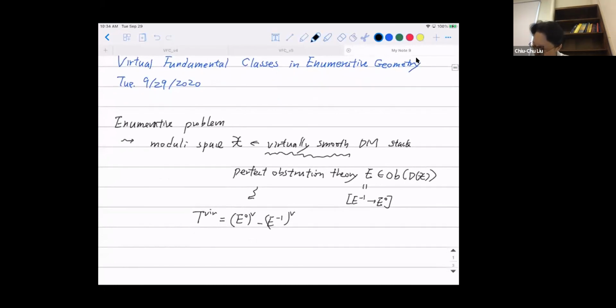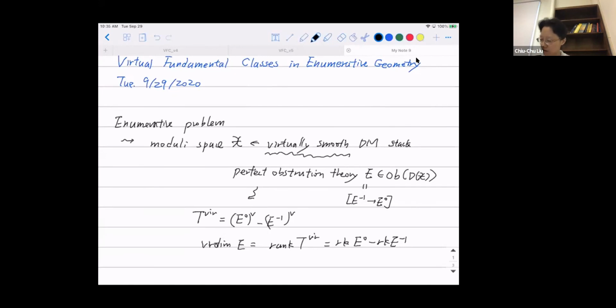The virtual dimension of this perfect obstruction theory is the rank of this virtual tangent bundle, which is rank E0 minus rank E minus 1.